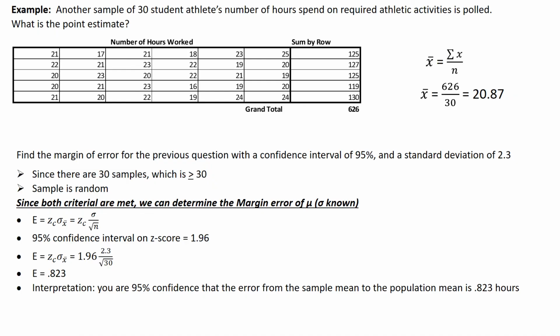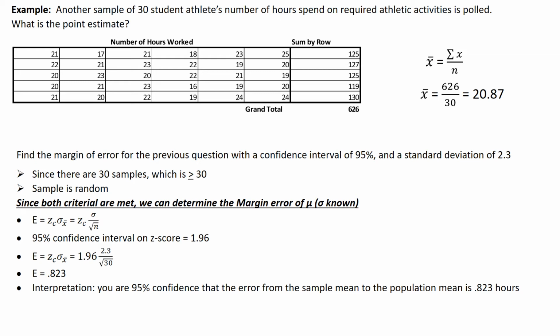Now let's look at our group of 30 student athletes and their hours. We had a total of 626 hours divided by 30, which is 20.87. The sample size is greater than or equal to 30, and the samples are random, so we can do this normal calculation. Our equation is the margin of error is the z-score times my sample deviation divided by the square root of the number of samples.